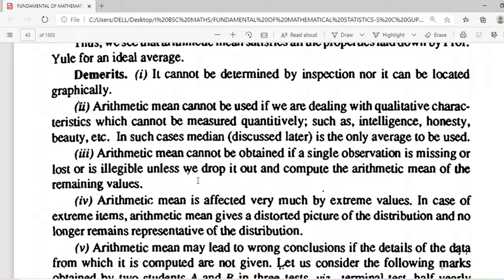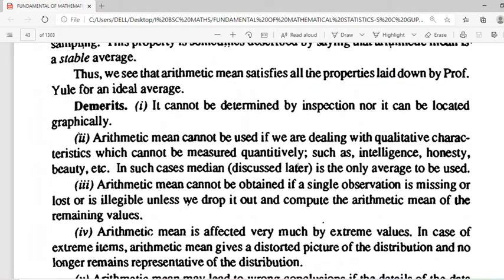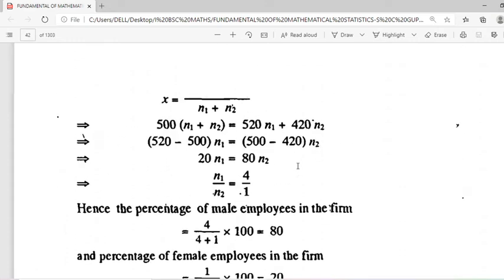Another disadvantage: the arithmetic mean cannot be obtained if a single observation is missing or lost, or if it is illegible, unless we drop it and compute the arithmetic mean of the remaining values. Suppose one observation is missing.